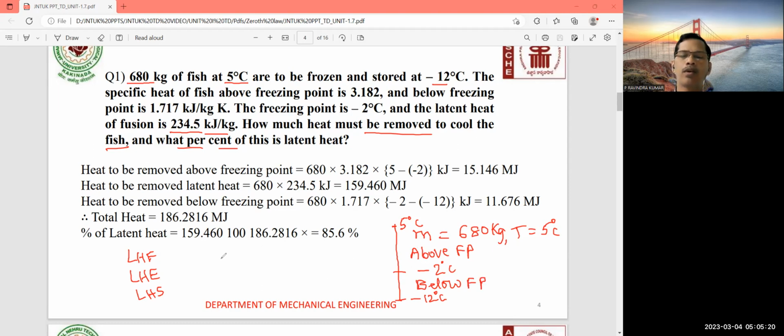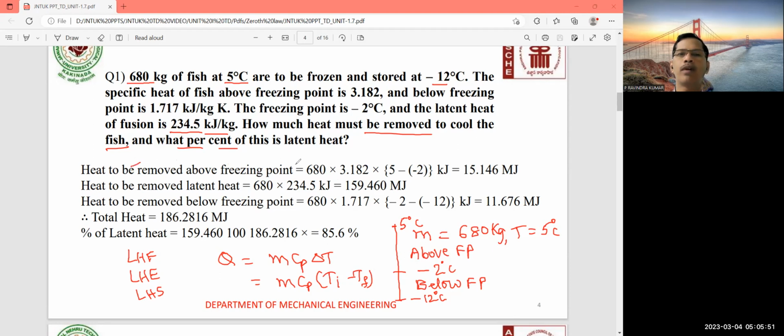We all know that most of the time we apply Q equals m c delta T. So in this case, for heat to be removed, it is m Cp times the initial temperature minus the final temperature.